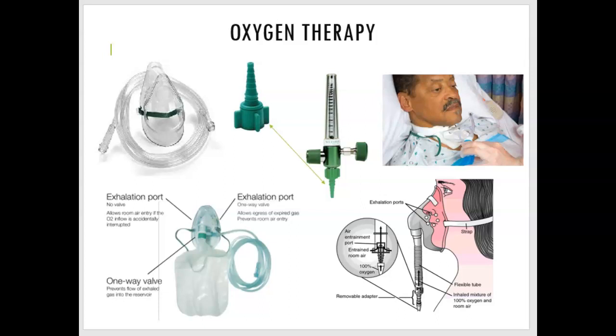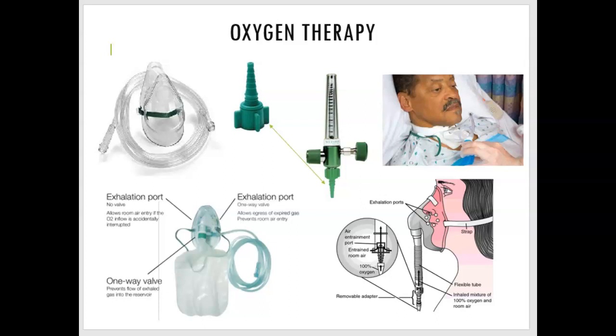The lower right shows a Venturi mask and how it works. There is room air that comes into the device along with 100% oxygen, but the amount of oxygen that gets to the patient can be highly regulated by using this Venturi mask.